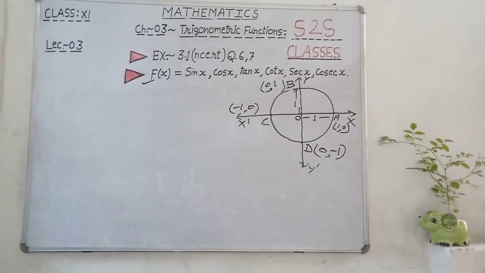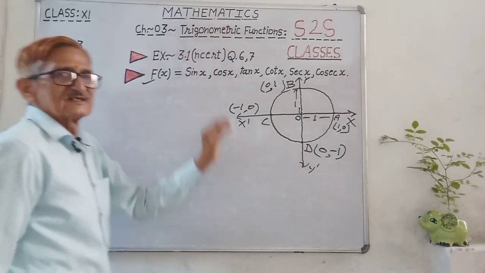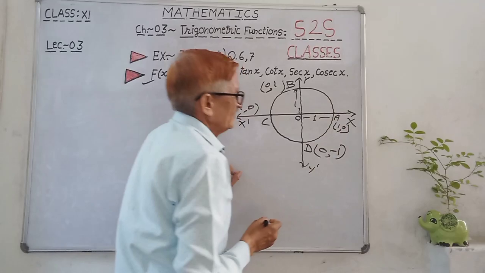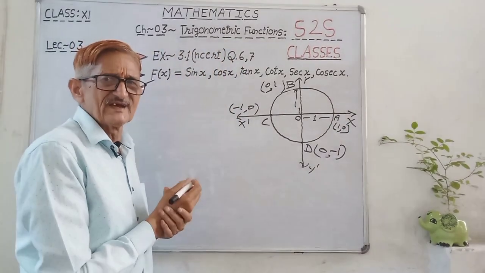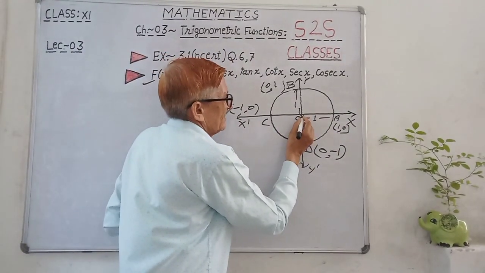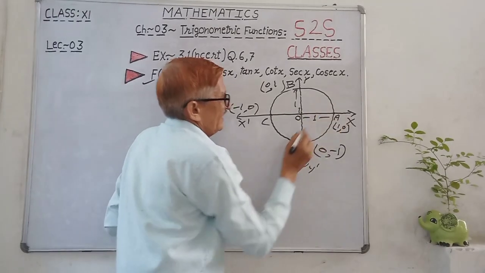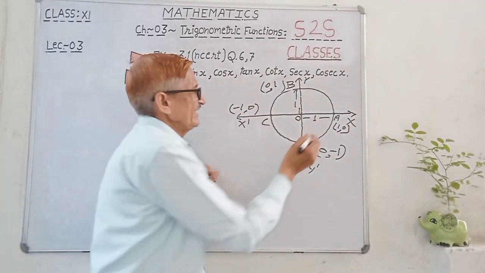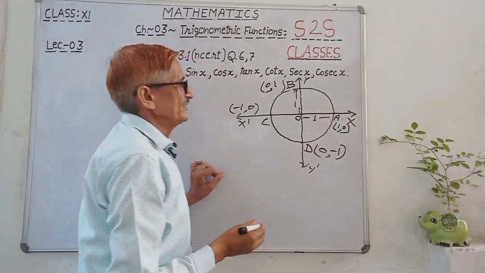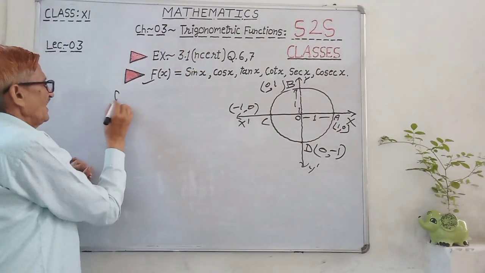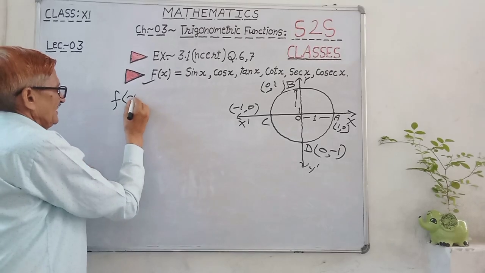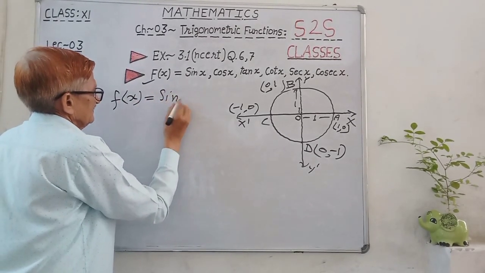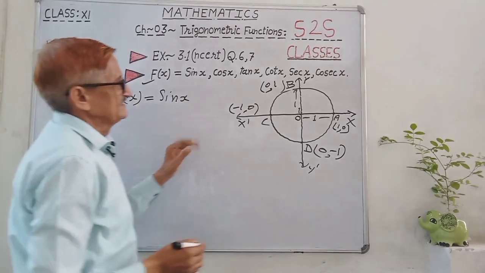Now you see, if point A has coordinate 1, 0, then the angle OA, if there is no revolution, A and B both here, is 0 degree. So if you want to see f(x) equal to sine x, x is the angle.